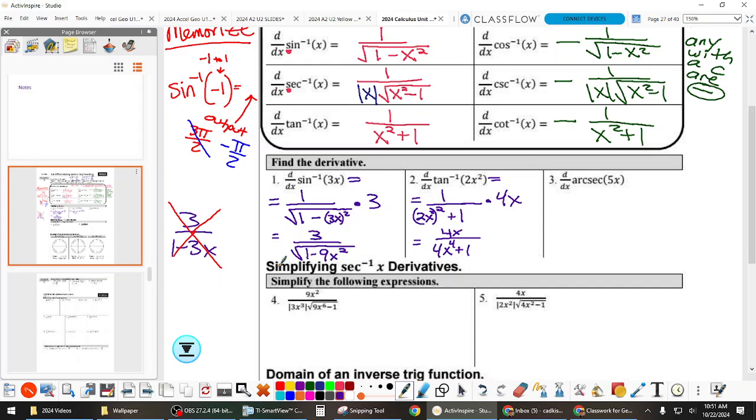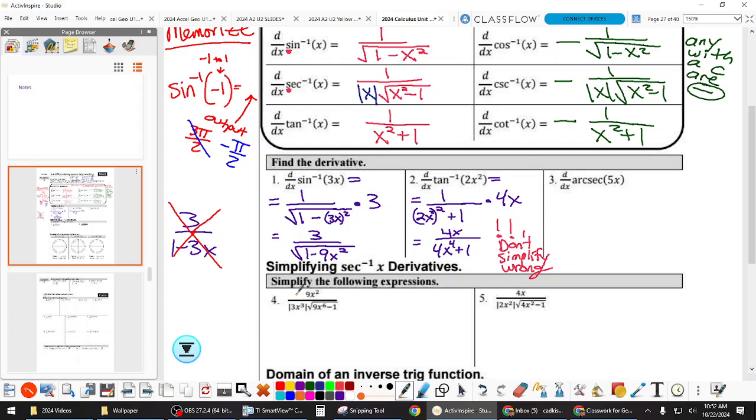Can we simplify anything there? It's tempting, right? To simplify the 4's, even the x maybe. In this case you can't, but I know what you're thinking. Like if it was the reverse, then you could a little bit, right? If it was the reciprocal.